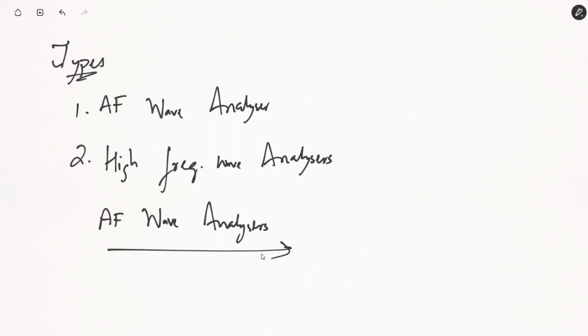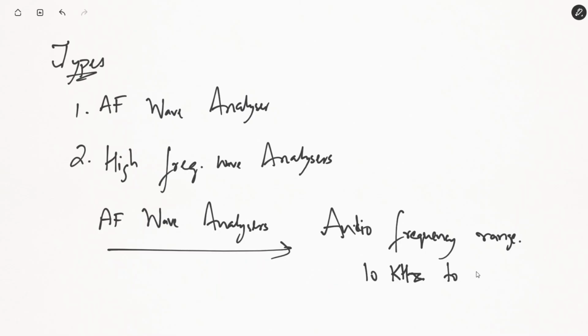So one, you have an AF wave analyzer. So this wave analyzer actually works at audio frequency range. So we are actually talking about ten kilohertz to 18 megahertz range of frequency.